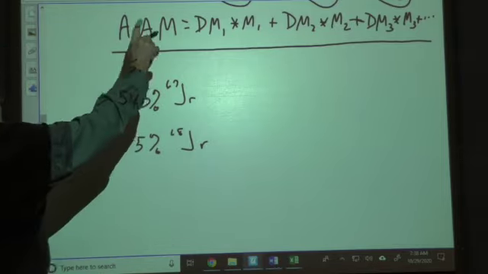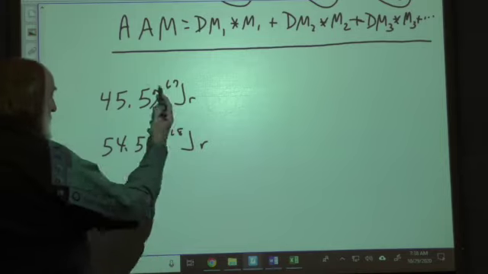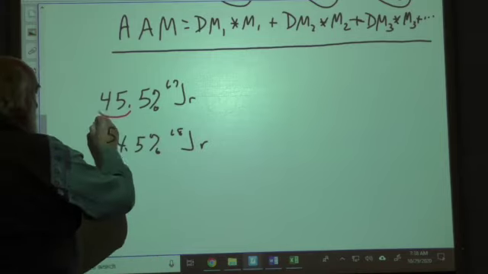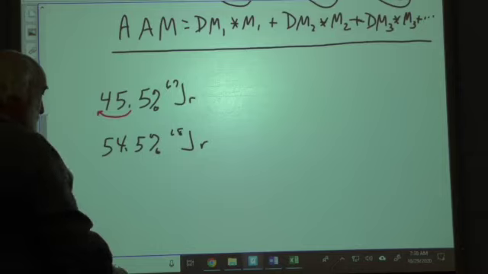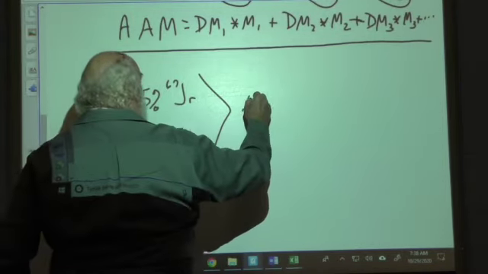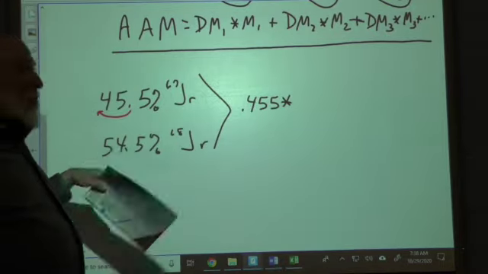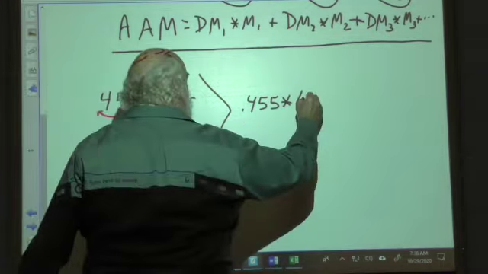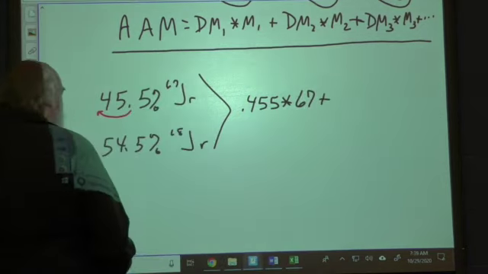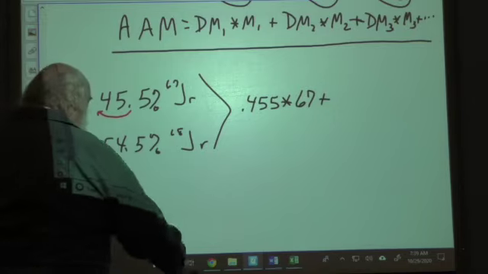So the decimal value of 45.5%, I get that. So if I'm dividing by 100, I simply move the decimal point over 2 places. So this becomes 0.455 times the mass of JR, which is 67, plus, and then we move this decimal point over 2 places.